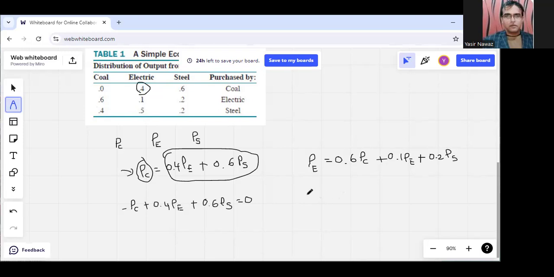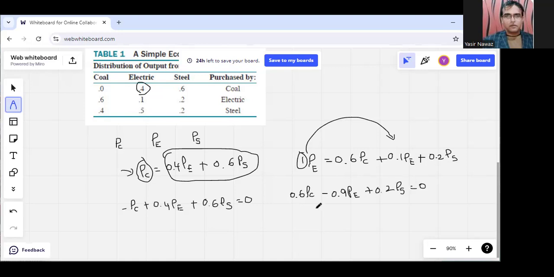If I rearrange, it would become 0.6 of the coal, and then 0.1 minus 1, because here the coefficient is 1. If I bring this thing to the other side, that would become 0.1 minus 1, so minus 0.9 PE, the output of the electric sector, and plus 0.2 PS, the output of the steel sector, is equal to 0. This is the other equation.